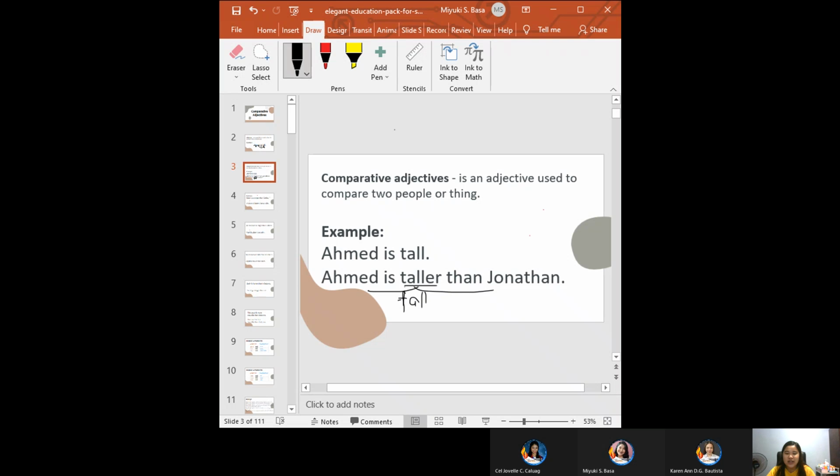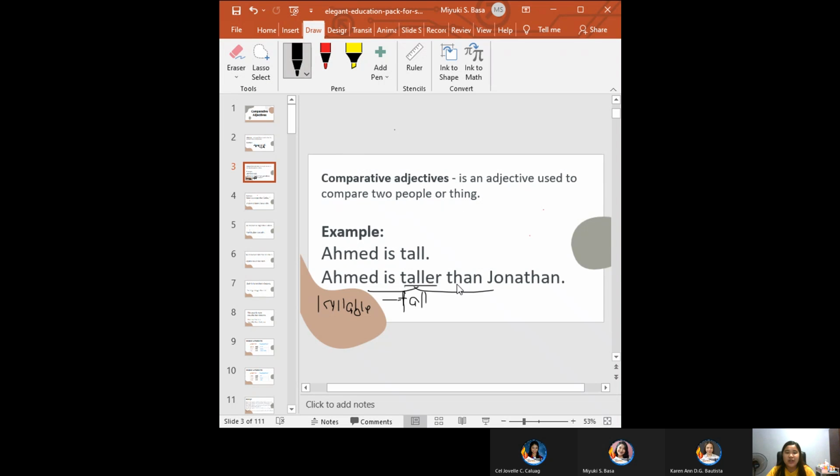Now, my next question is, how many syllables does the word tall have? I think, ma'am, it only has one syllable. Okay, that's right. It only has one syllable. Wait for a while, guys.